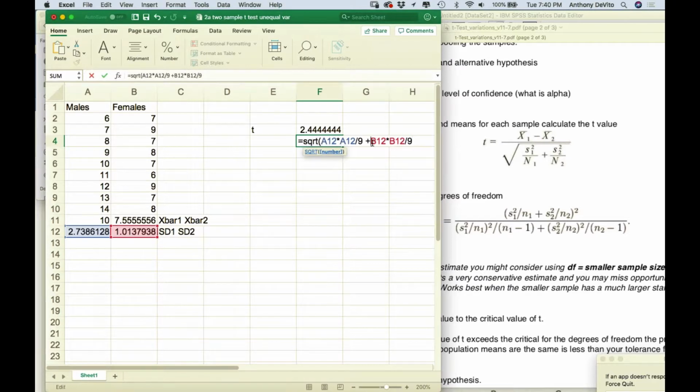Okay, and I got a plus between these. This should resolve this and this together and then add them together. This should work, but I may have to go back and put in some parentheses if it doesn't.